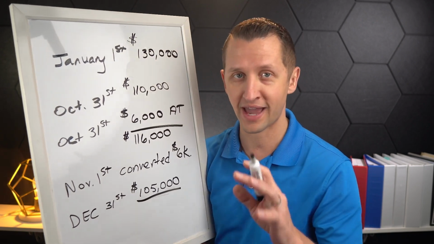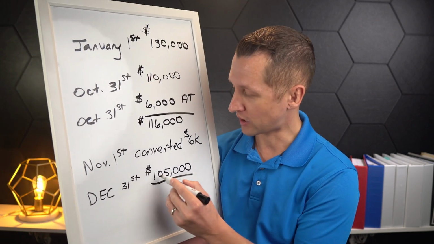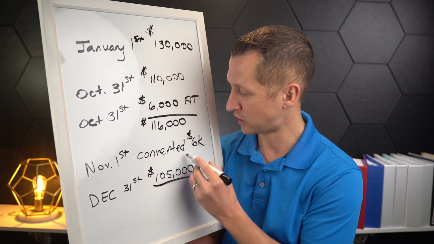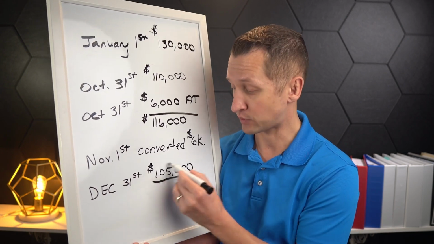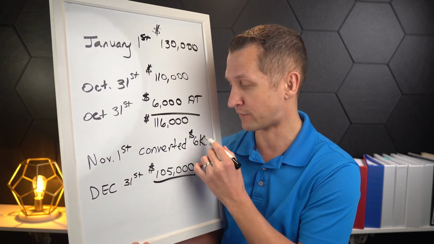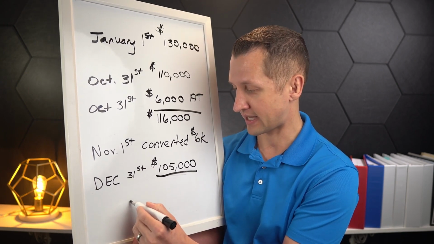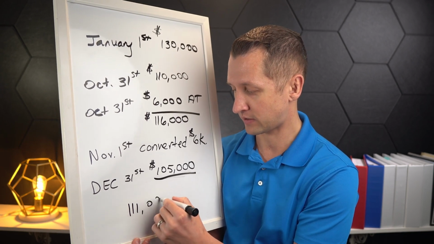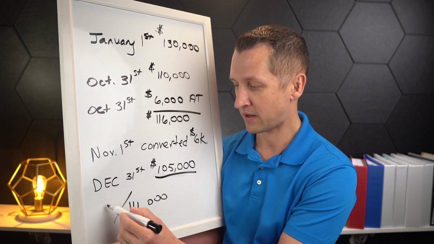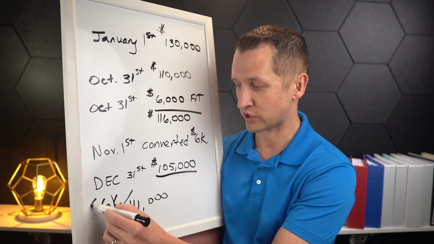So let's go ahead and add it up and go through some of this math. We're going to add $105,000 to our $6,000, because this was our balance and this was the amount that was converted. We have no distributions. So $105,000 plus $6,000 is $111,000, and we're going to divide 6,000, which is our basis, by that.